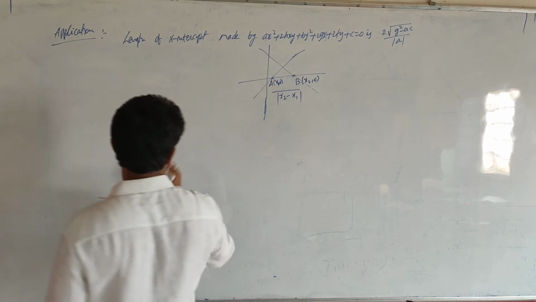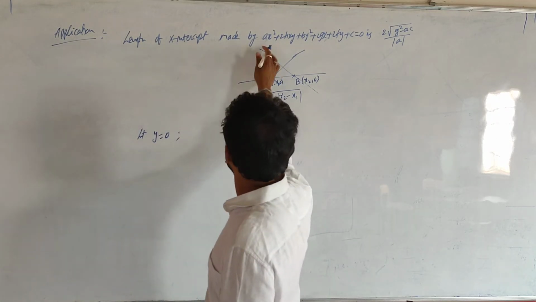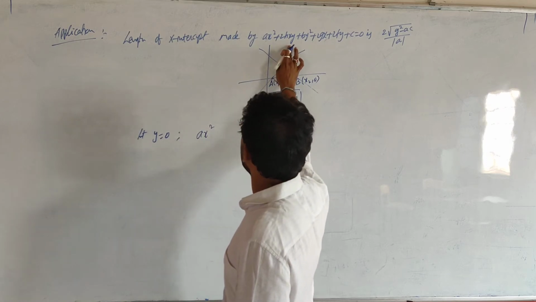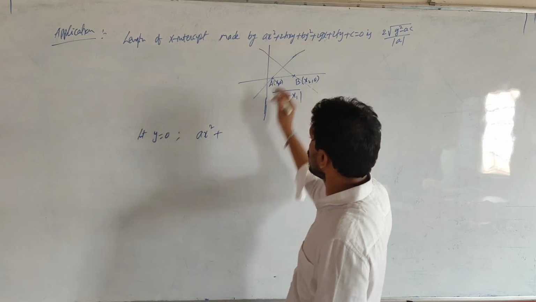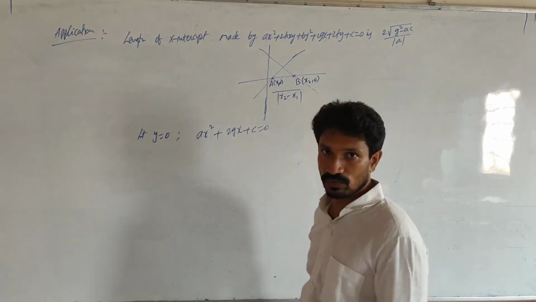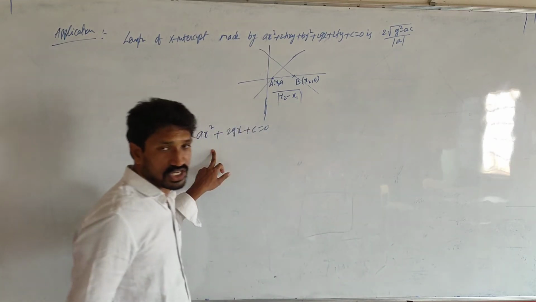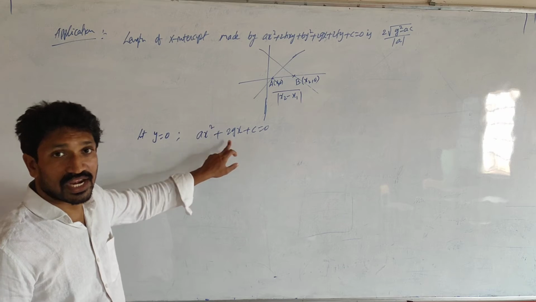So let y is equal to 0 to get the x-intercept in the above equation. What do we have? Ax square. Since y is equal to 0, by square is also 0, and 2gx, 2fy also 0, plus c is equal to 0. It is a quadratic equation in x. It has two roots.